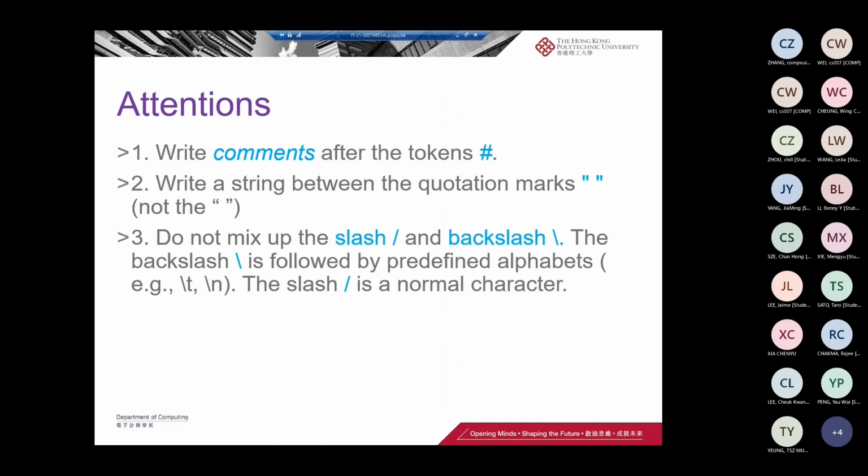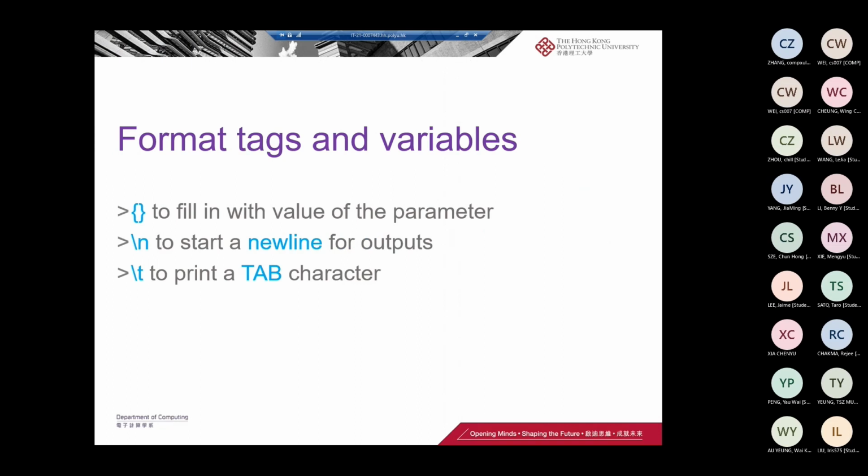Comments start with a sharp character. Strings start and end with quotation marks. And you have to distinguish between the slash and the backslash. A backslash followed by a predefined alphabet converts that character into a special character rather than itself. The slash is just a normal character there.